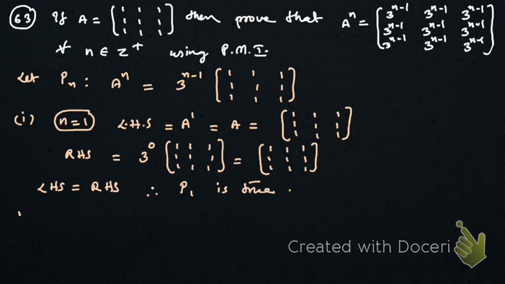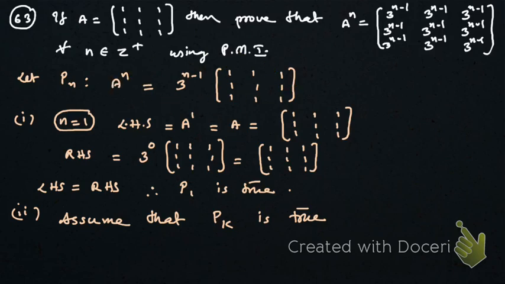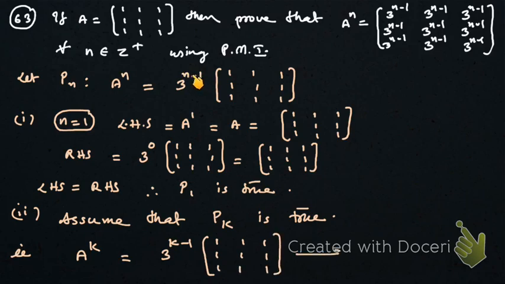In stage 2, we make an assumption. We assume that the result is true for n equal to k, or rather Pk is true. So what's the meaning of Pk? In this Pn, wherever n comes, I put k. So A raised to k is equal to 3 raised to k minus 1 into this 3 by 3 matrix with every single element as 1.